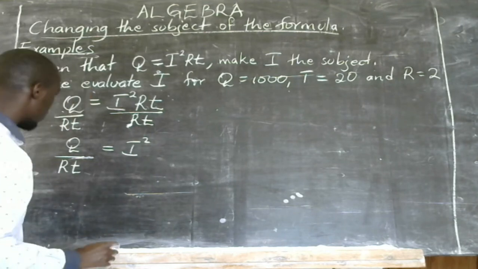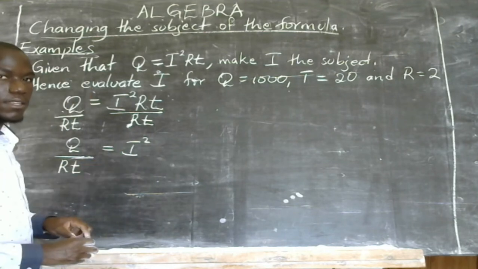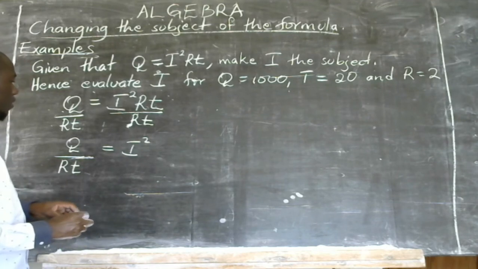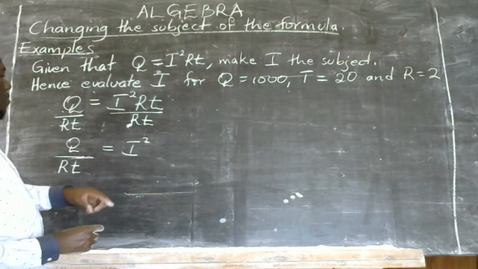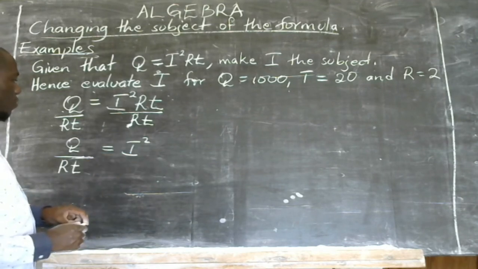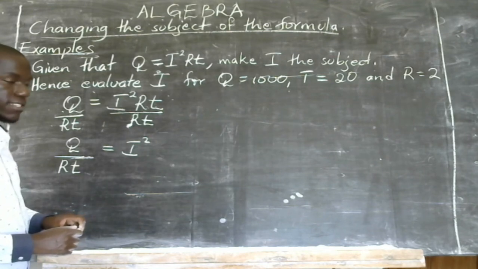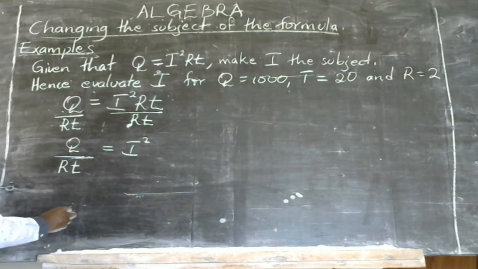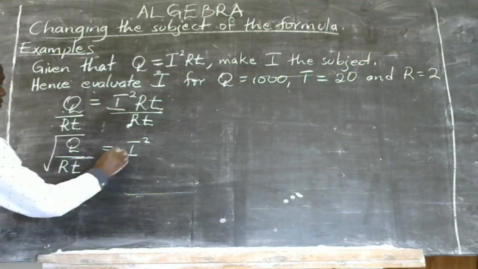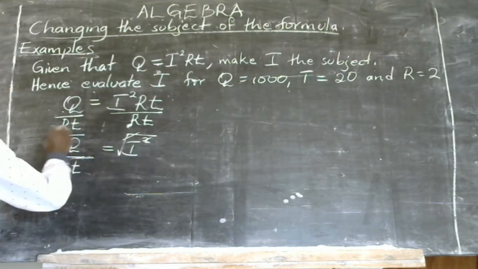Then from there, to make I the subject alone, is to eliminate the square there by applying the square root both sides. So when I take the root, the square here is going to cancel.